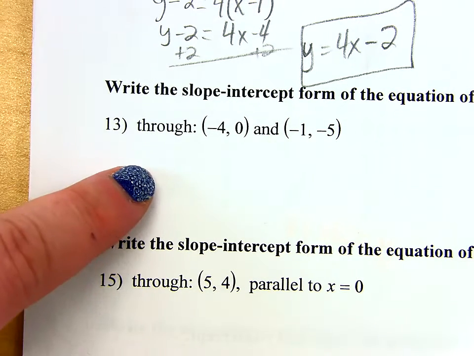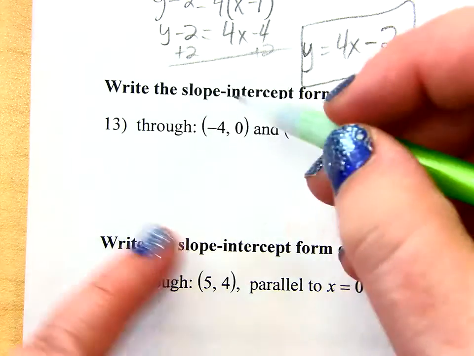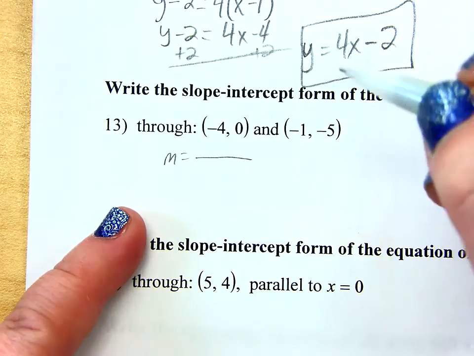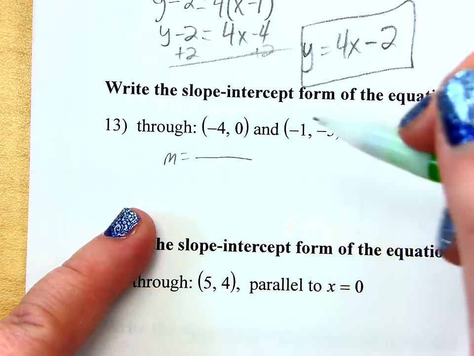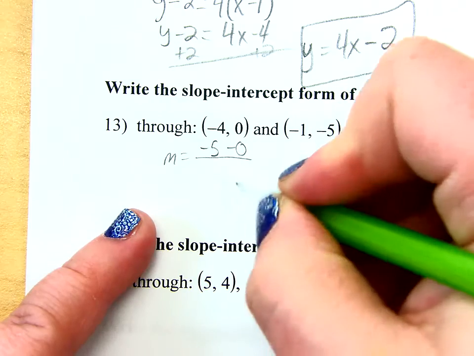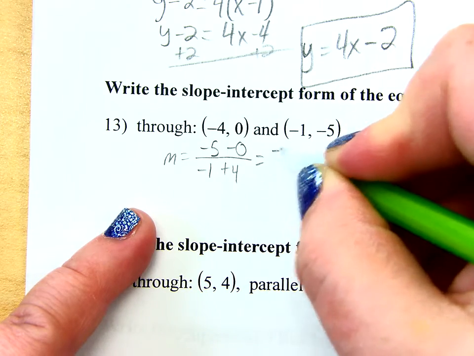So for 13, let's all go ahead and find the slope. So try it on your paper and only look up here to see if your answer matches mine. Don't just copy what I have. Watch your signs, be careful.